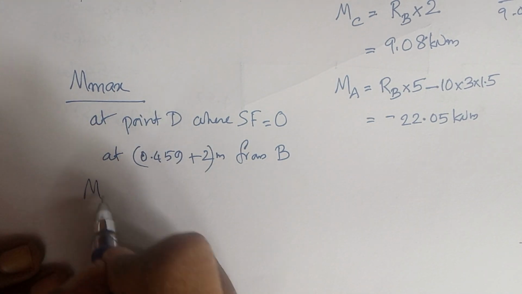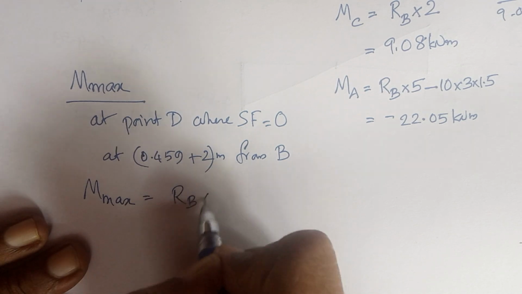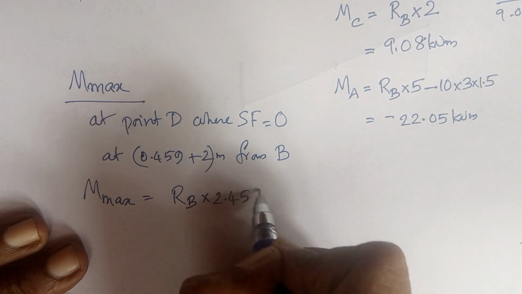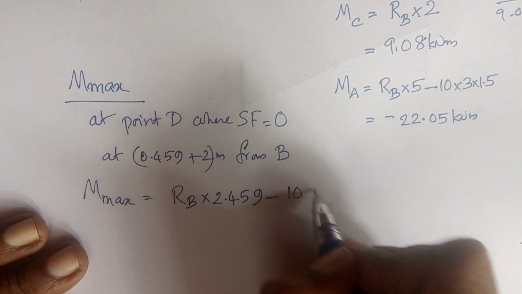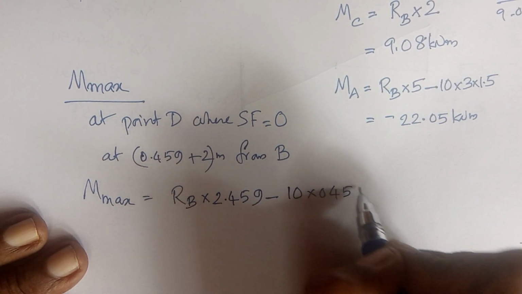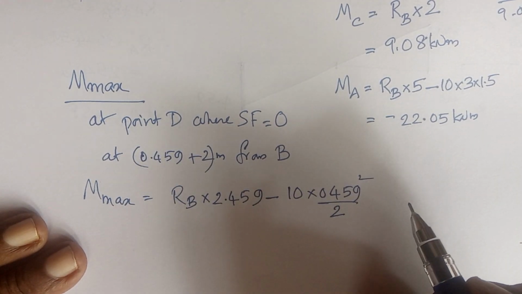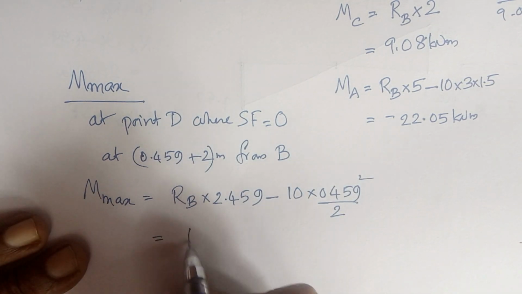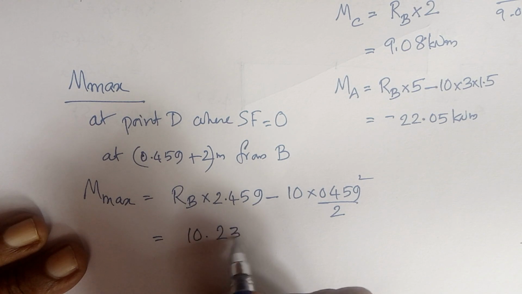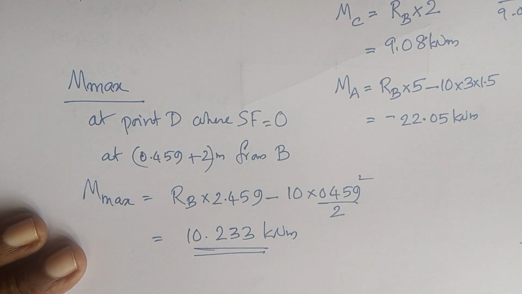So Mmax is equal to RB into 2.459 minus 10 into 0.459 the whole squared by 2. It works out to 10.233 kilonewton meter.